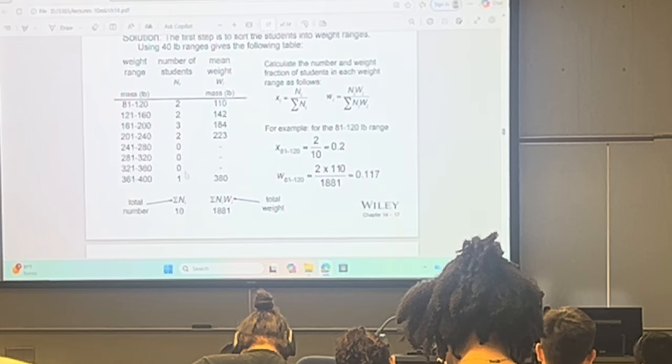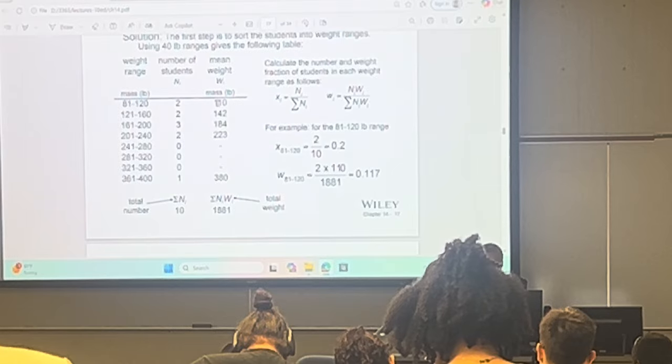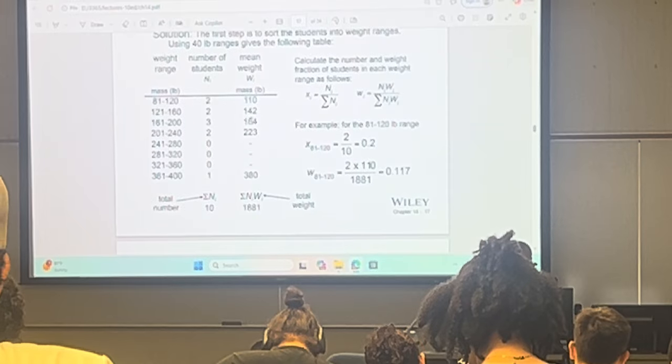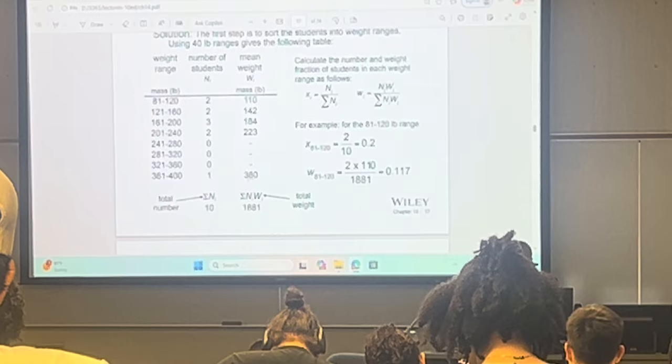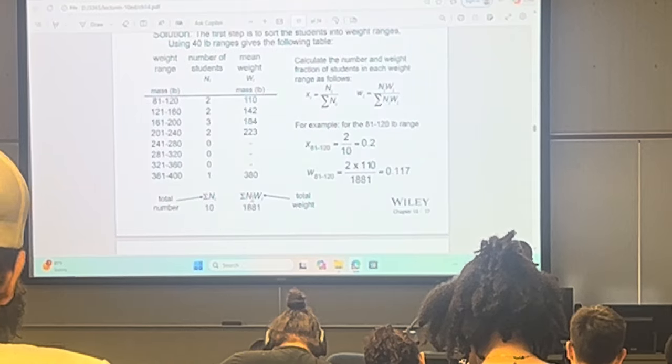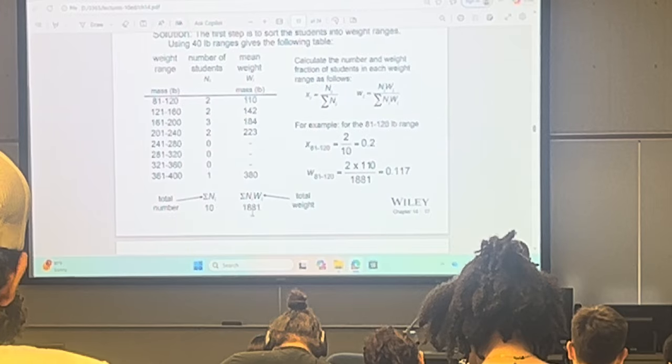The total number has to add up to 10, right? And then we can calculate the mean weight, right? So this is the average for the 2 students, and this is for 3, this is for 2. There's nobody here, and there's 1 student that's 380 pounds. So if we add all of that together, we get 1,880 pounds.